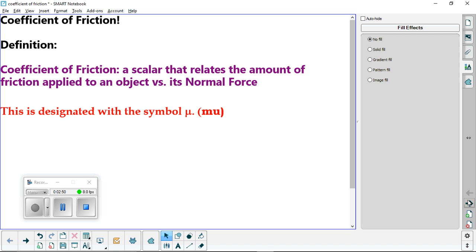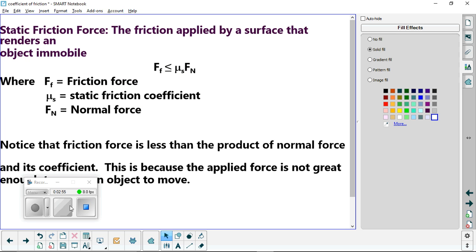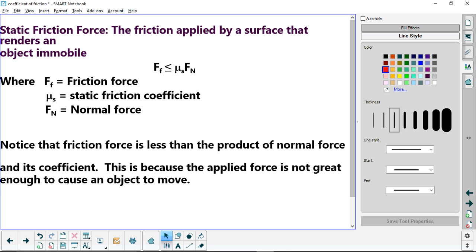There are two types of friction, like you just saw in the animation. The first type is static friction. And notice here that static friction is defined as the coefficient of static friction times the normal force. This coefficient of static friction, you are going to have a table that is going to allow you to figure out those values regardless of what two types of surfaces are rubbing together.